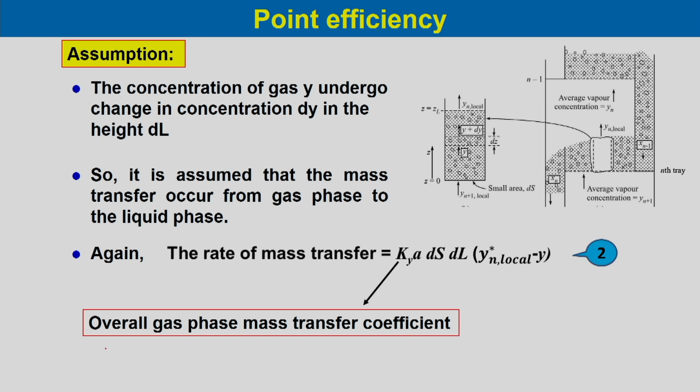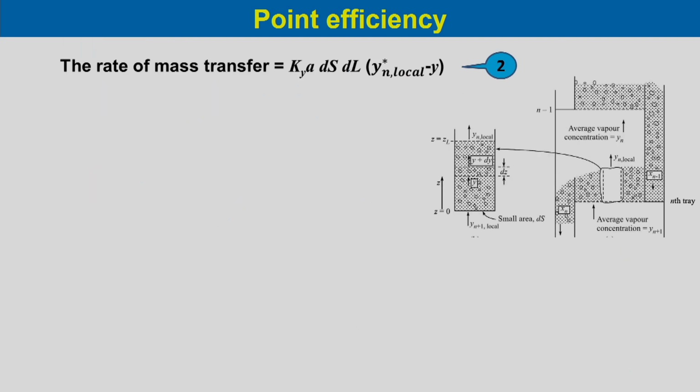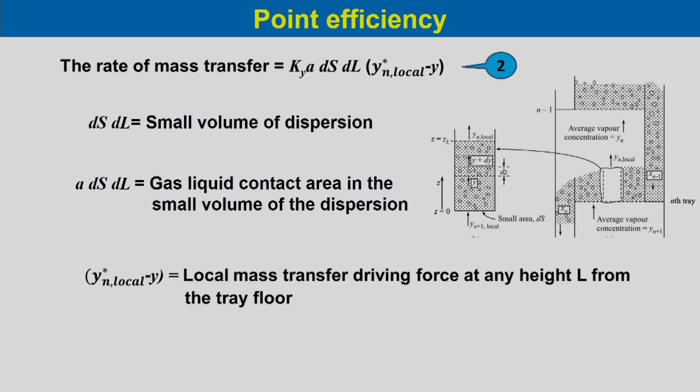Here capital Ky is the overall gas phase mass transfer coefficient and a is the specific interfacial area, that is, area per unit volume of the liquid. ds dl is the small volume of dispersion, a ds dl is the gas liquid contact area in the small volume of the dispersion, and yn star local minus y is the local mass transfer driving force at any height L from the tray floor.